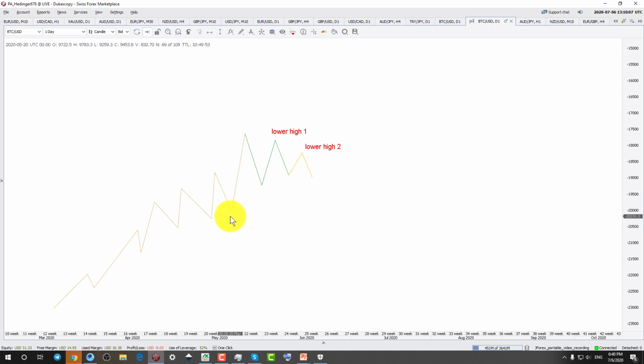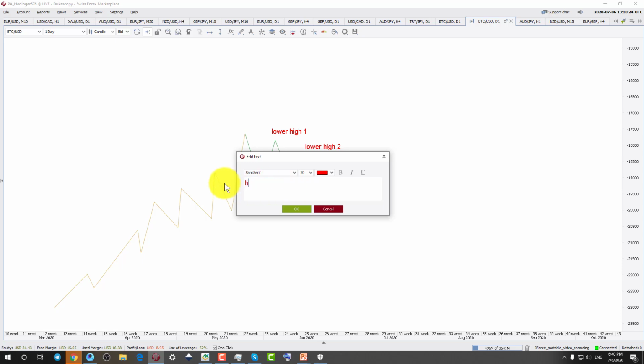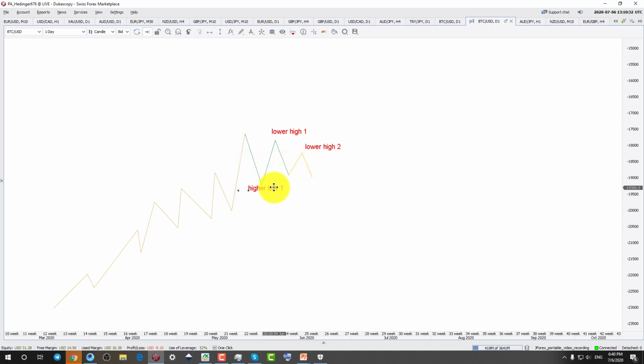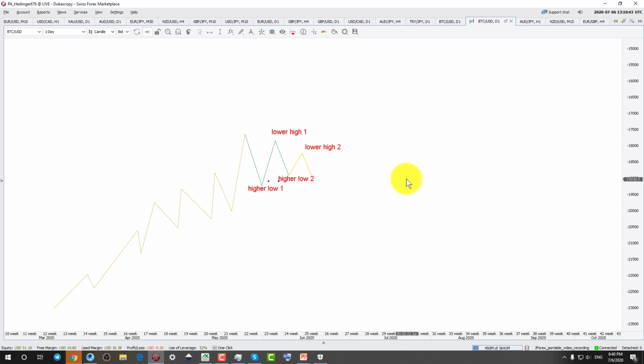Now you will understand that the price was making higher lows, of course, always, but now here the price is making lower highs and also the higher lows. This is the first higher low. This is the second higher low. Now this is what is essential for a symmetrical triangle to form.